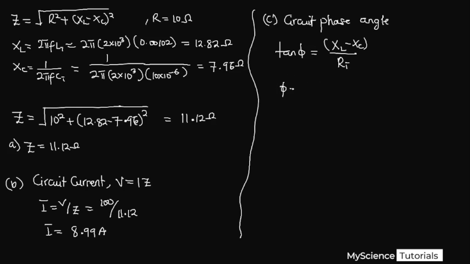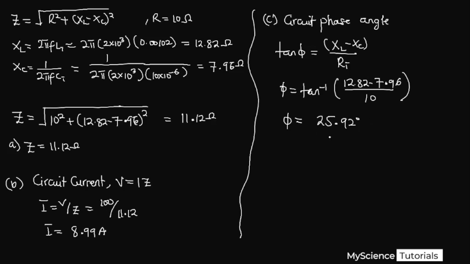So our angle will be the tan inverse of 12.82 minus 7.96, all over our R total, which in this question is 10. If we take the tan inverse of this ratio, we get an angle of 25.92 degrees as our phase angle.